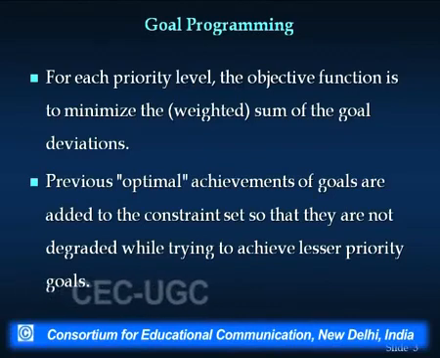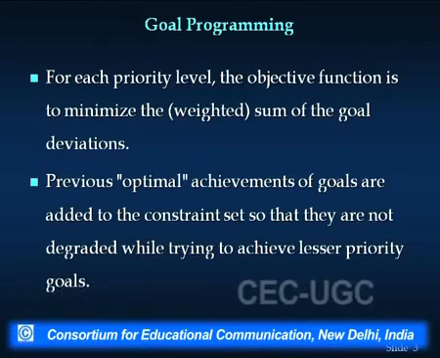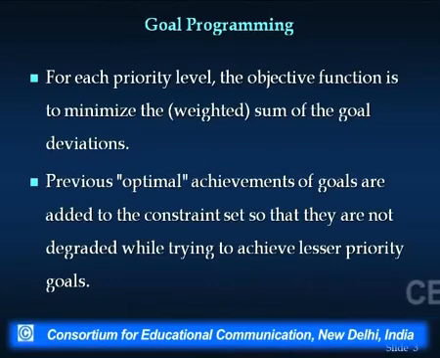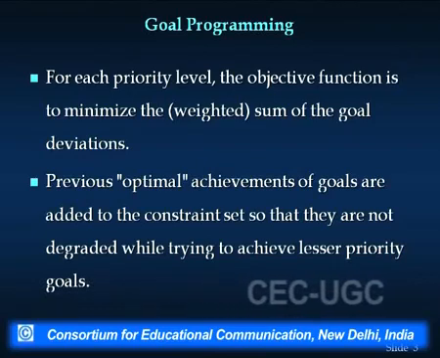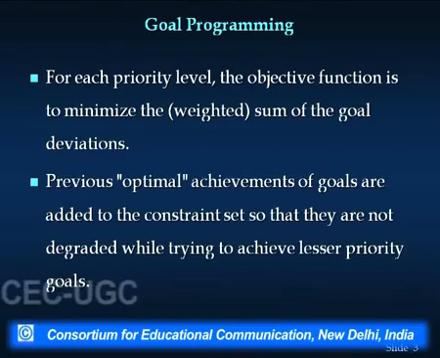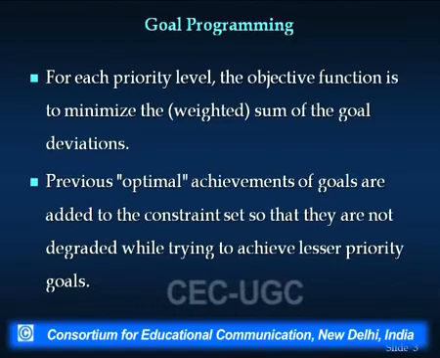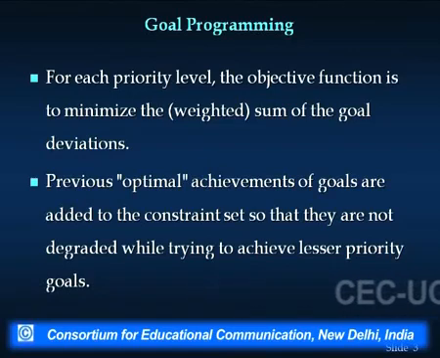For each priority level, the objective function is to minimize the weighted sum of the goal deviations. I said these deviations are not accepted, but while solving a problem, they do come into the solution. If deviation is there from our objective or from our goal, this deviation should be minimum as far as possible. That is the aim of our problem, and we have to have a solution so that these deviations are minimum.